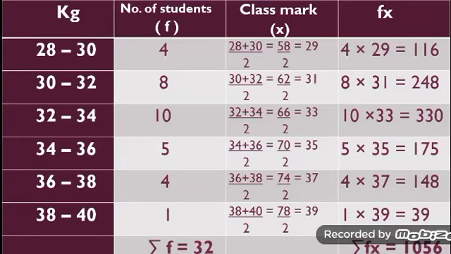So the sum of all the values of fx will be represented by summation fx, and summation fx is equal to 1056, and the sum of all the values of f will be represented by summation f, and summation f will be equal to 32.